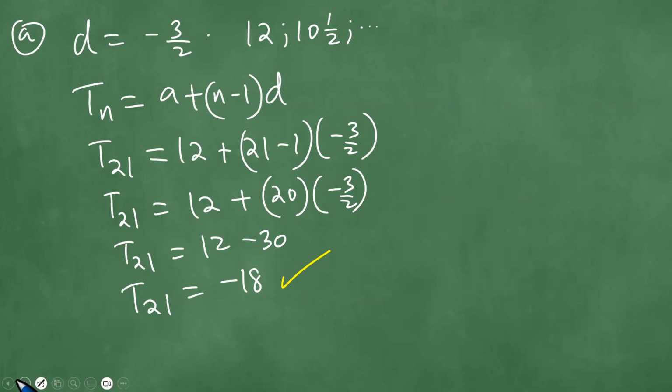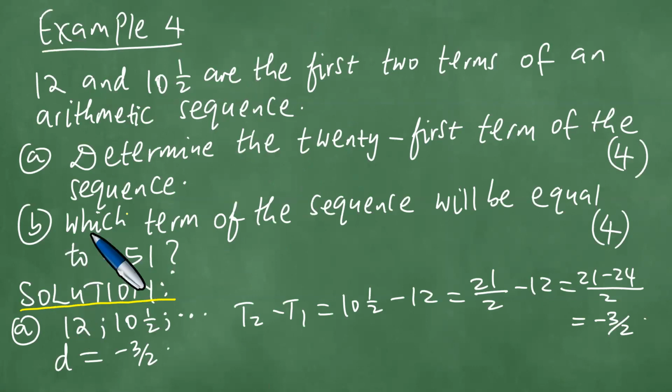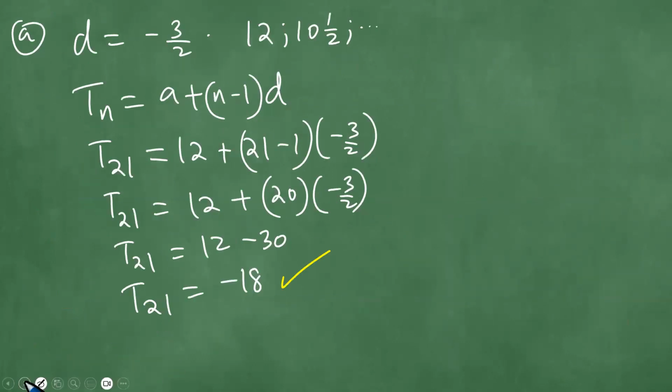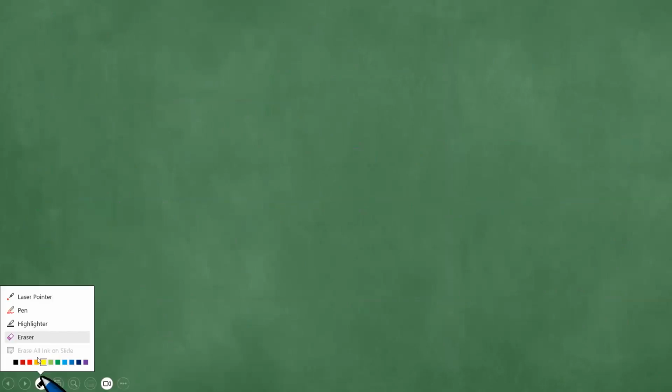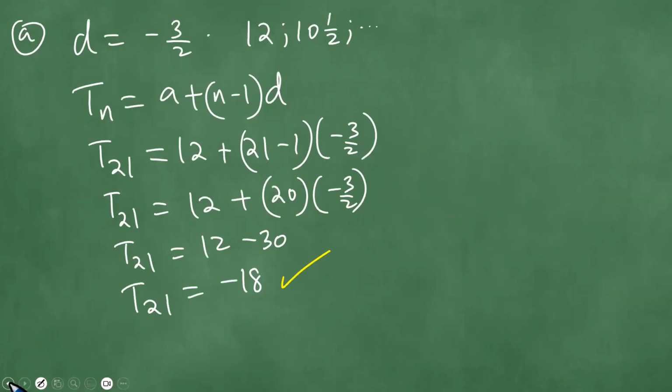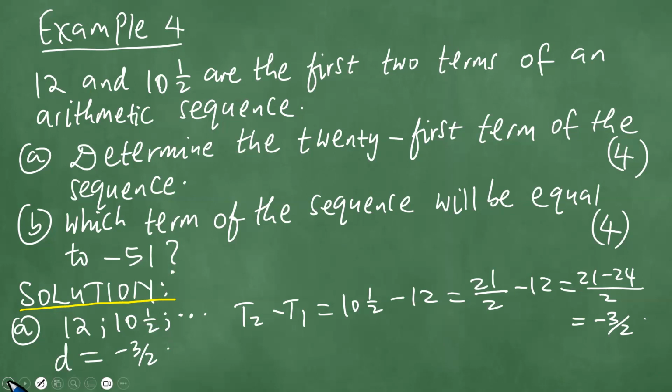And then now you're interested in finding which term of the sequence will be equal to minus 51. Right, so which term of the sequence is equal to minus 51?